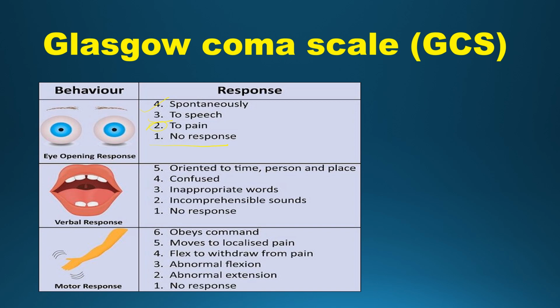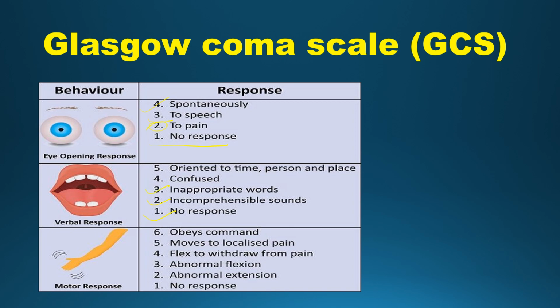It has 5 points. If the person is not responding at all to any stimuli, then we will give the first point. And if the client is making incomprehensible sounds, then we will give 2, like moaning sound, murmuring sound. Next, if the patient is producing inappropriate words, then we will give 3.